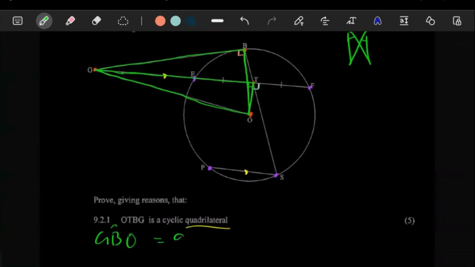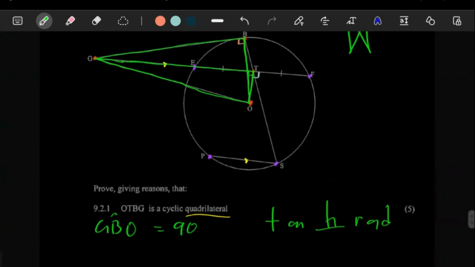GBO is equal to 90 degrees. The reason is the tangent will always be perpendicular to a radius. And then GTO is equal to 90 degrees also. What do we know?